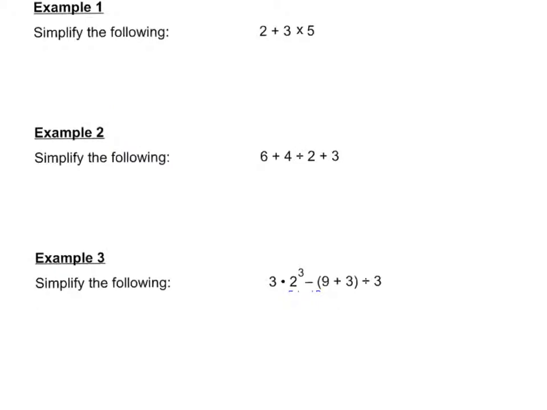Moving on, we have our first examples. And remember, please excuse my dear Aunt Sally. Always remember that. So, in our first we have 2 plus 3 times 5. There are no parentheses, exponents, but there is multiplication, so that's where we're going to start.